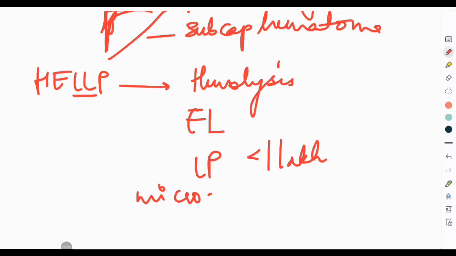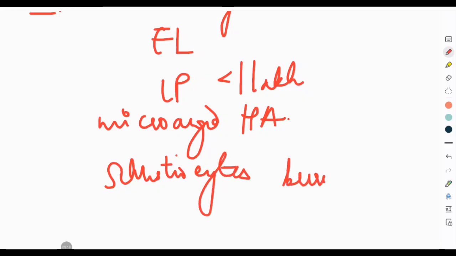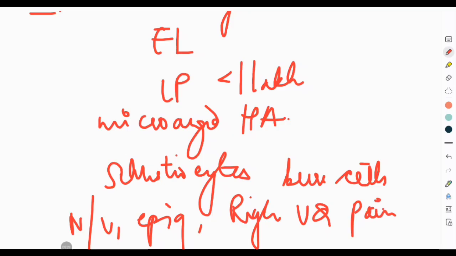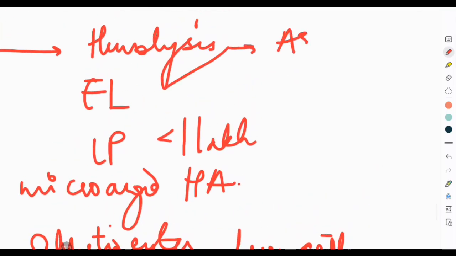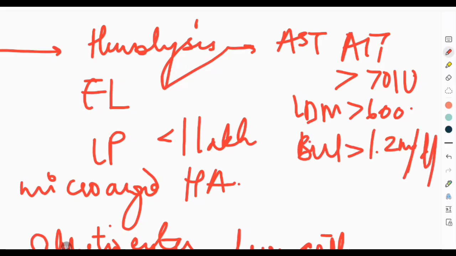Microangiopathic hemolytic anemia, schistocytes or Burr cells, and there are symptoms like nausea, vomiting, epigastric pain, and right upper quadrant pain. Liver enzymes, what do they show? AST, ALT more than 70 international units, LDH more than 600, and bilirubin more than 1.2 mg per dL.